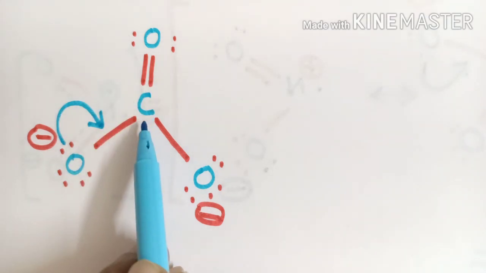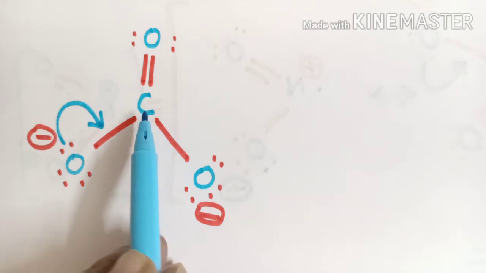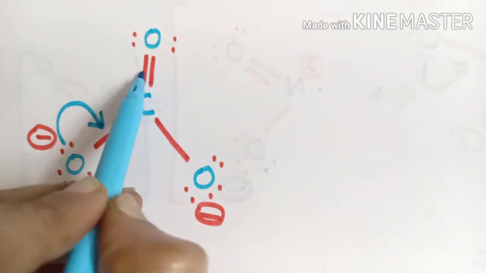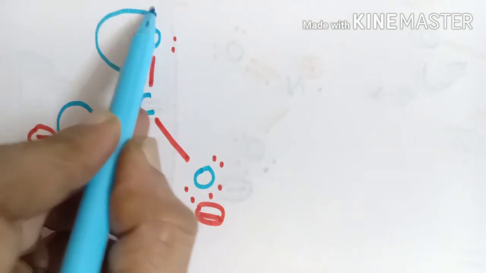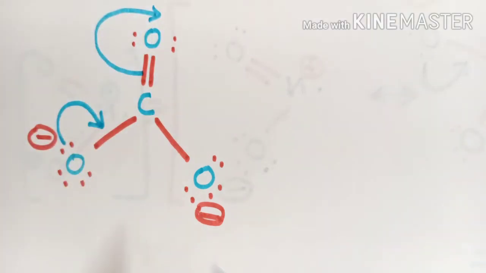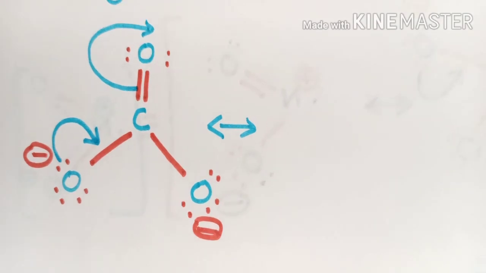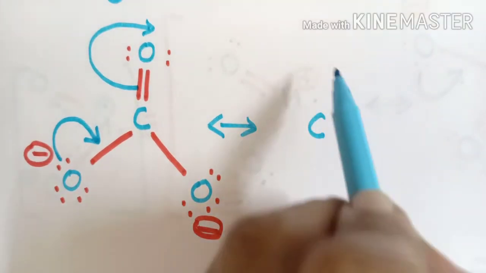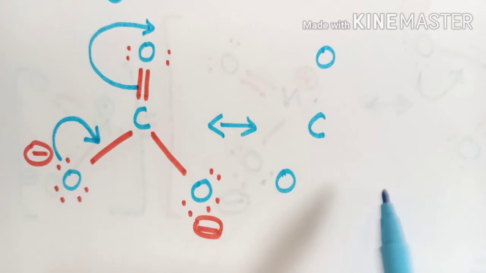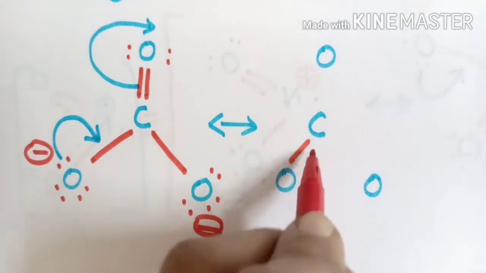As soon as it reaches here, you find the number of electrons on carbon becomes 5. That is not possible. Simultaneous change will be there by shifting the pi electrons towards oxygen. With the result, you find that the next structure that is obtained will be C, O, O, O. We have a total number of bonds here which will be double bonded.